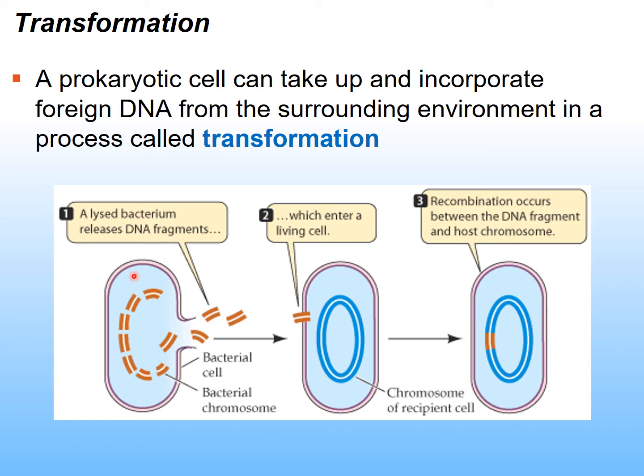Let's say one dies and leaves its DNA behind, and then the other cells can take up that DNA. That allows them to adapt to that environment, because different combinations of alleles and new genes being incorporated into a genome allow the cell to adapt a little bit better. So transformation is the process of taking in foreign DNA from the environment.